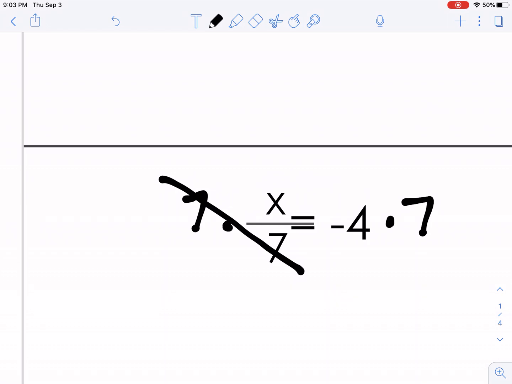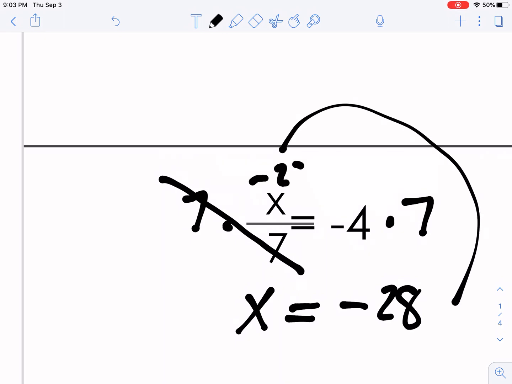So my inverses cancel out, and I get x is equal to a negative times a positive is a negative. 4 times 7 is 28. Okay? Check, is a negative 28 divided by 7 a negative 4? Yes, a negative divided by a positive is negative, and 28 divided by 7 is 4.